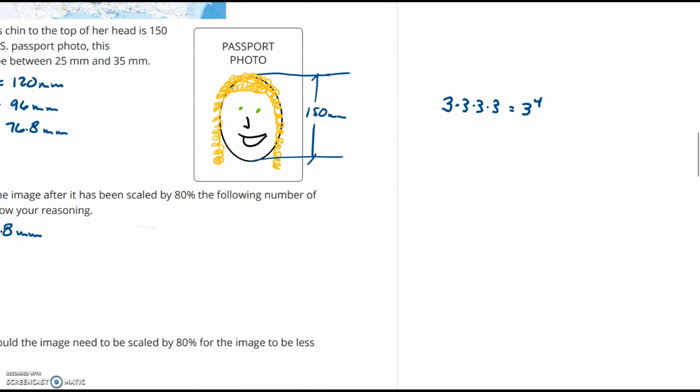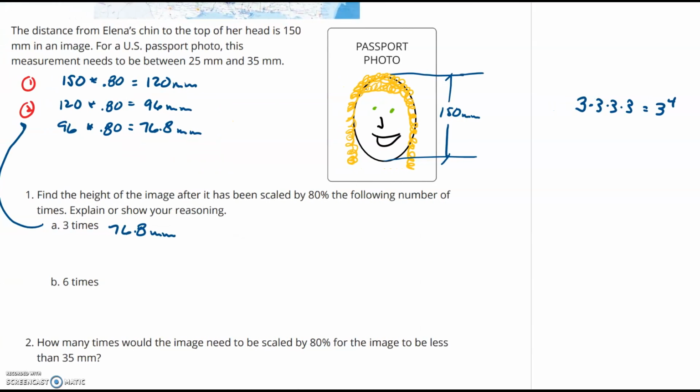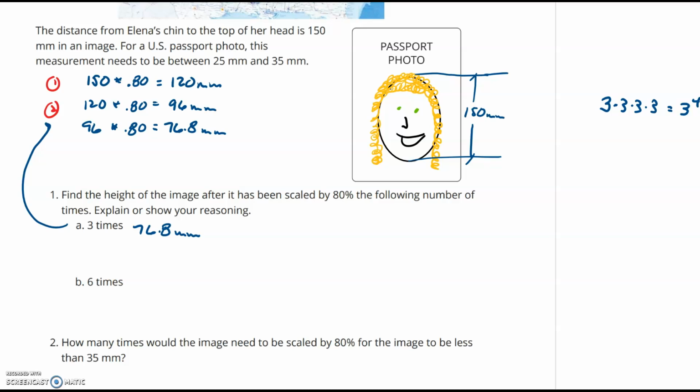Over here, what we did is we started with the 150, and we multiplied it by 0.80. How many times did we multiply it by 0.80? Well, we did 3 different times. So I'm going to raise that 0.80 to the 3rd power and put that in a calculator and see what I get.